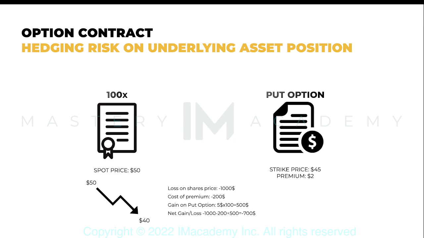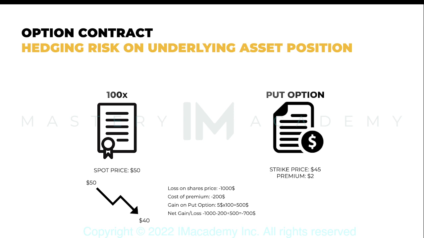Now, the gain on our put option from the fall of the price is the following. The difference between the strike price of the put option and where the price is now is $5, because the strike price was $45 and the spot price fell to $40.